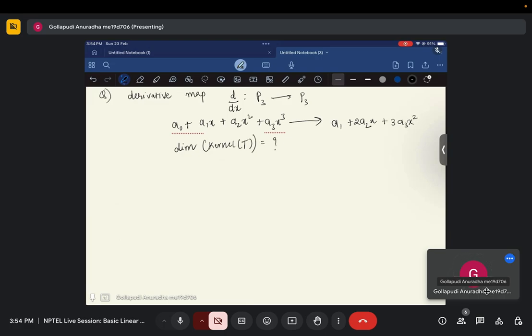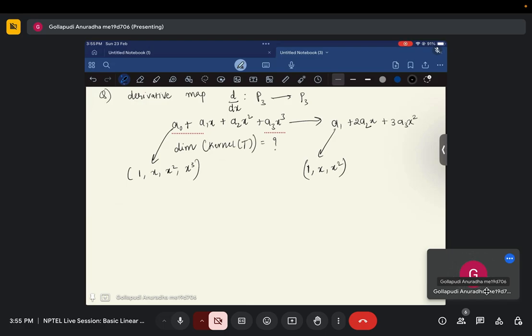Kernel? Sorry, not kernel. So the basis for v is this one, but the basis for the transformed one is this.